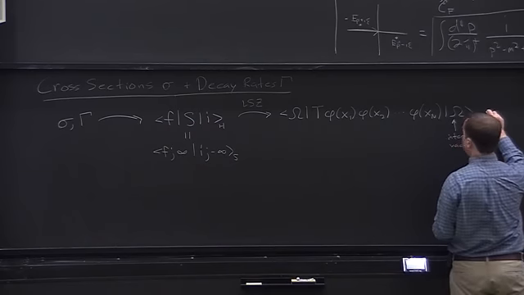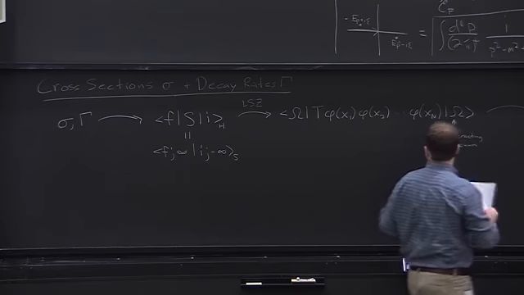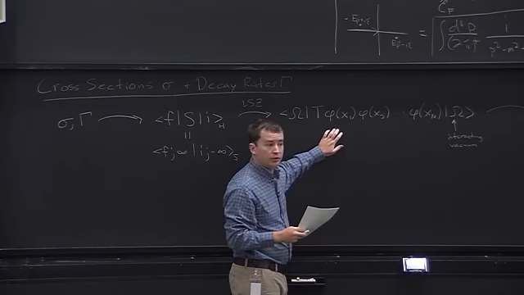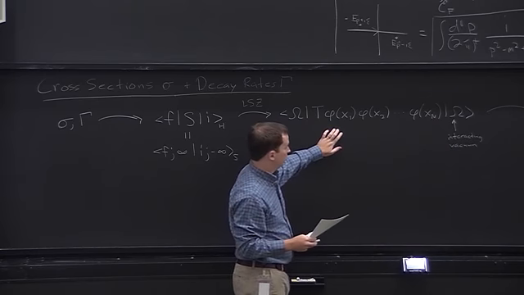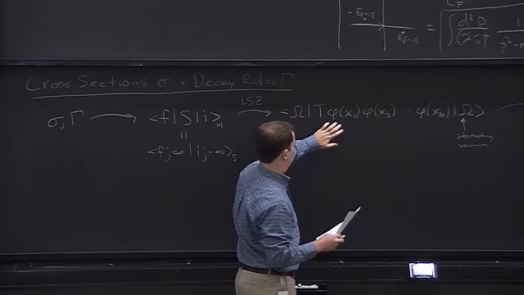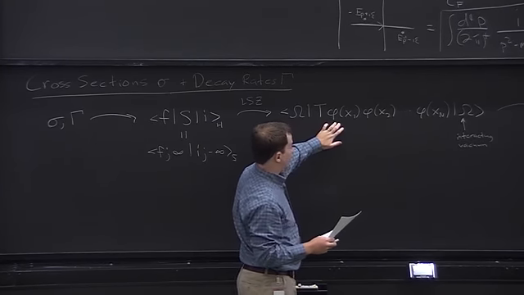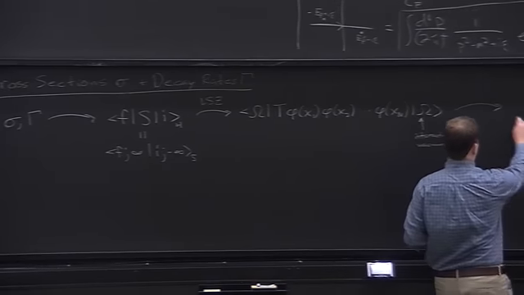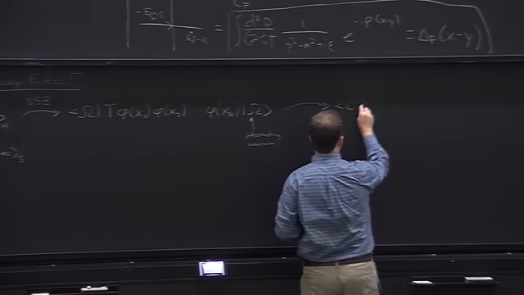And in order to compute n-point correlation functions in an interacting theory, the simplest way to do that is to relate these n-point correlation functions in interacting theories to n-point correlation functions in a free theory.